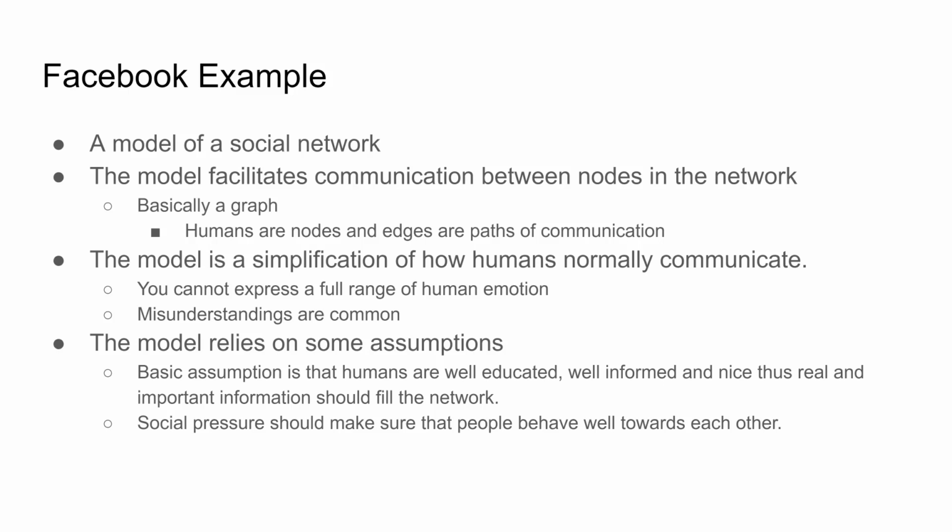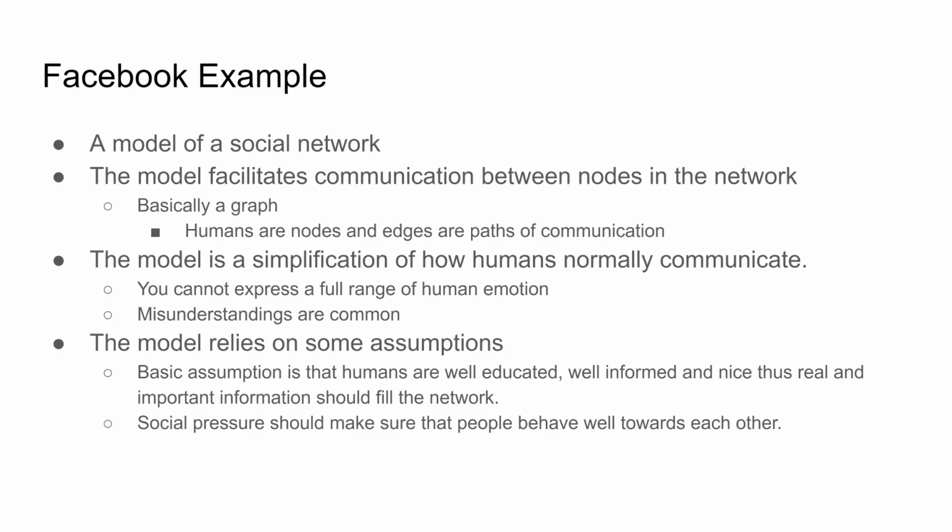So the Facebook model of a social network relies on some assumptions. The basic assumption is that humans are well educated, well informed, and nice. Thus, the idea is that the important and nice information will fill this network. Maybe this is actually an assumption that is not working out that well in real life.